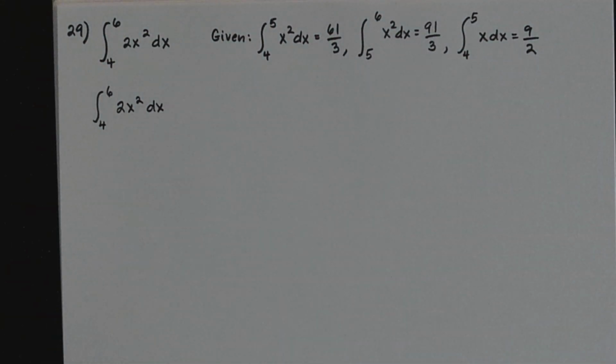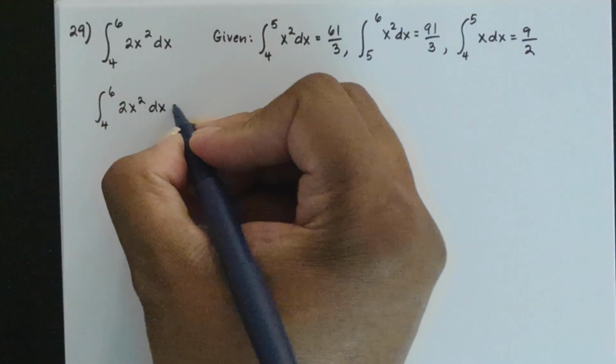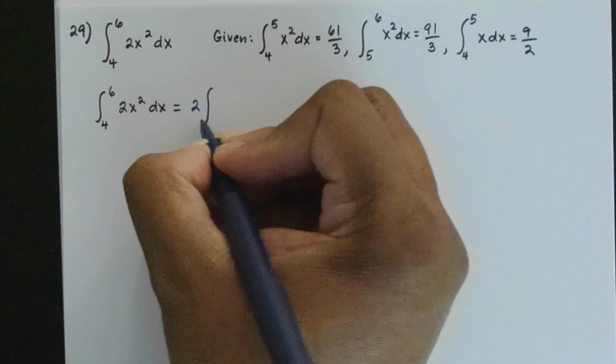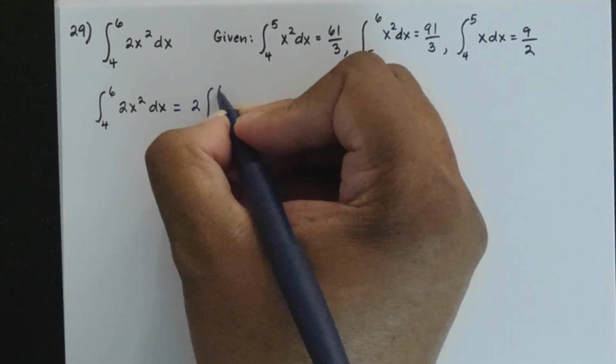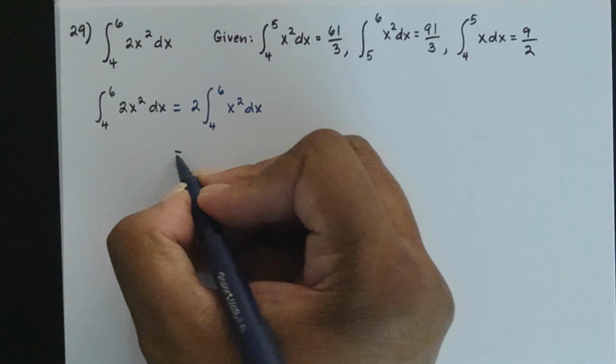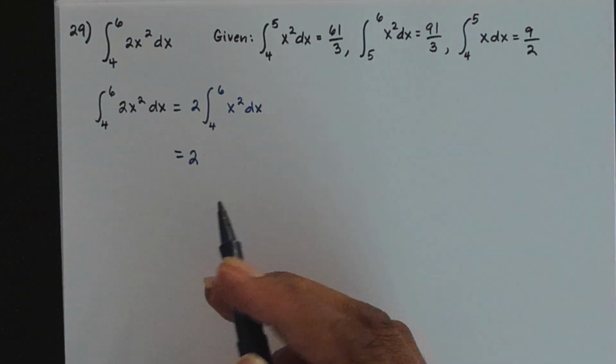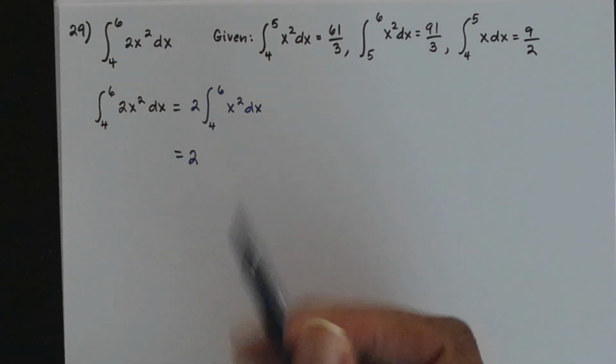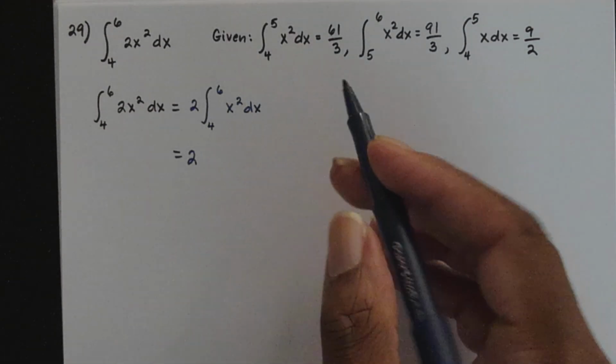Well, let's start by pulling that 2 in front of that integral sign. So the 2 goes in front of the integral from 4 to 6 of x squared dx. Now, notice in these, I don't have an integral from 4 to 6. But I do notice something here.